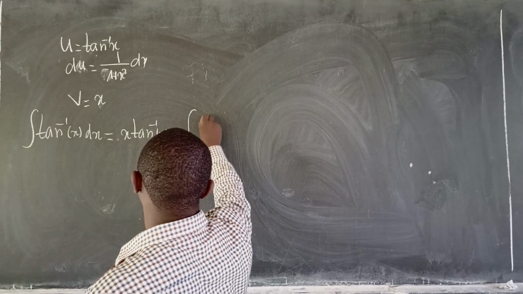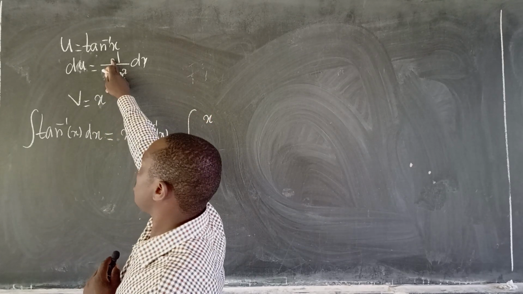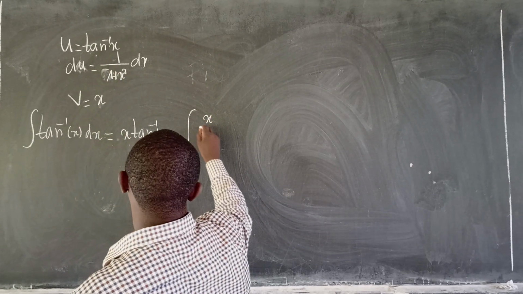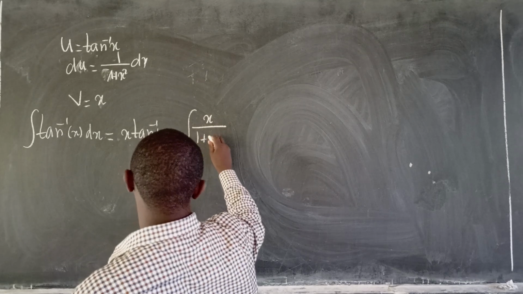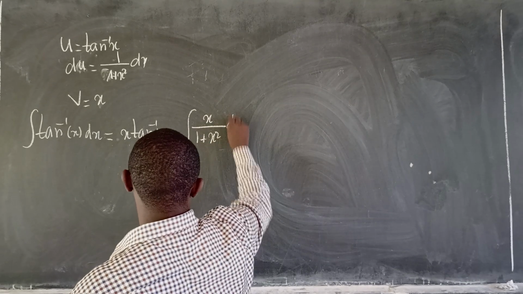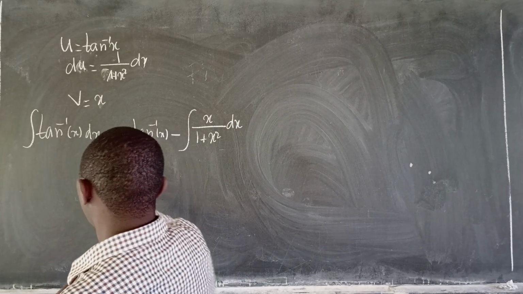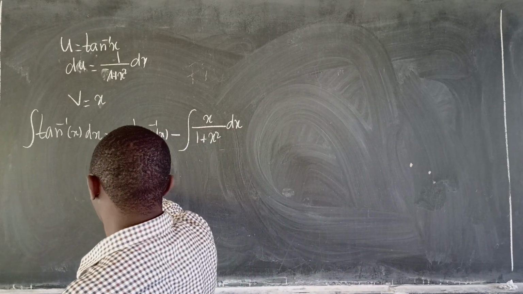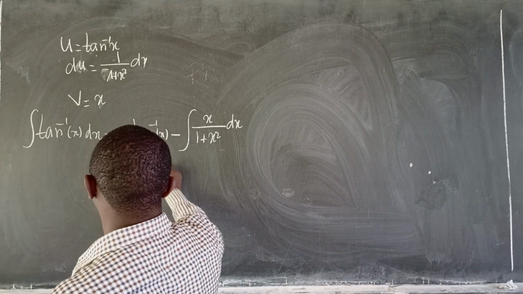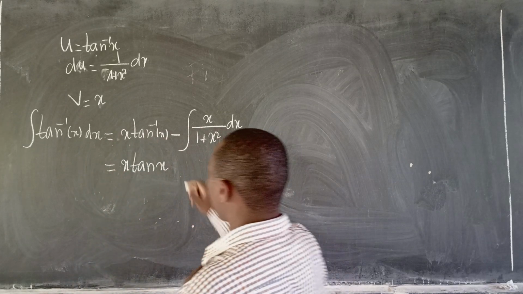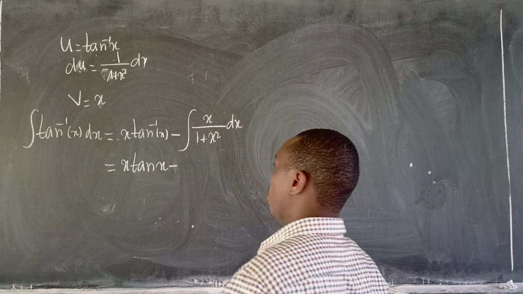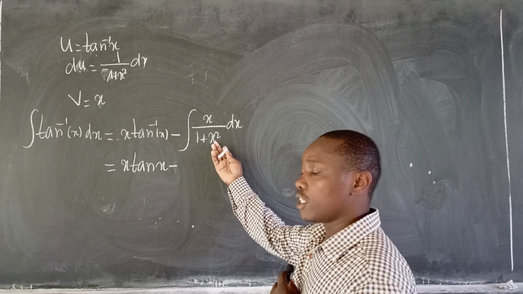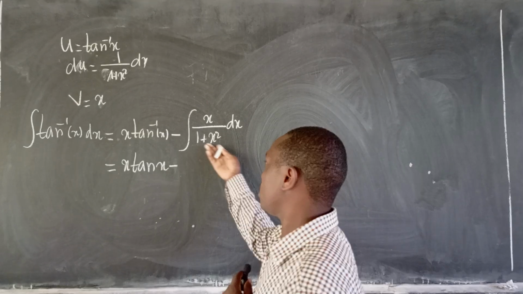Our v is x and du is 1 over 1 plus x squared dx.